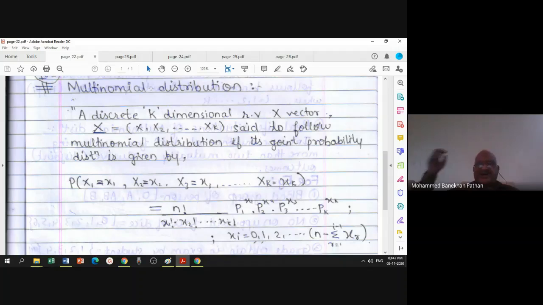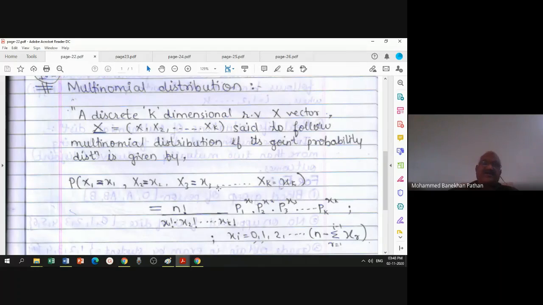We classify one outcome as failure and the other outcome as success. In real life, there are many situations where a random experiment provides two possible results.